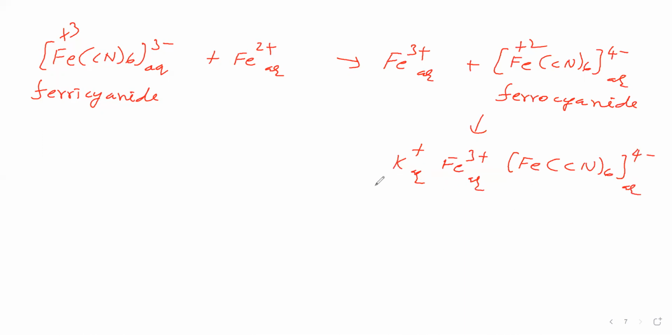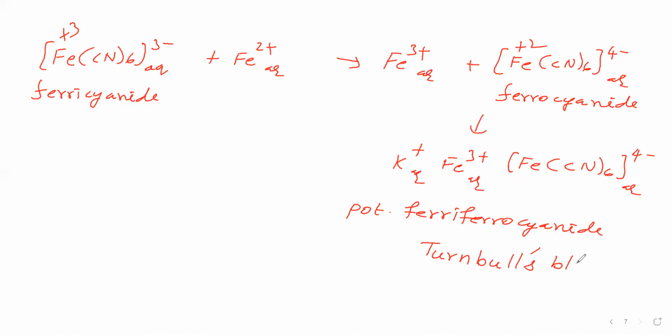This resultant solution contains these ions. K+ we can say potassium, Fe3+ we can say ferri, and the complex name is ferrocyanide. This solution color is called Turnbull's blue.